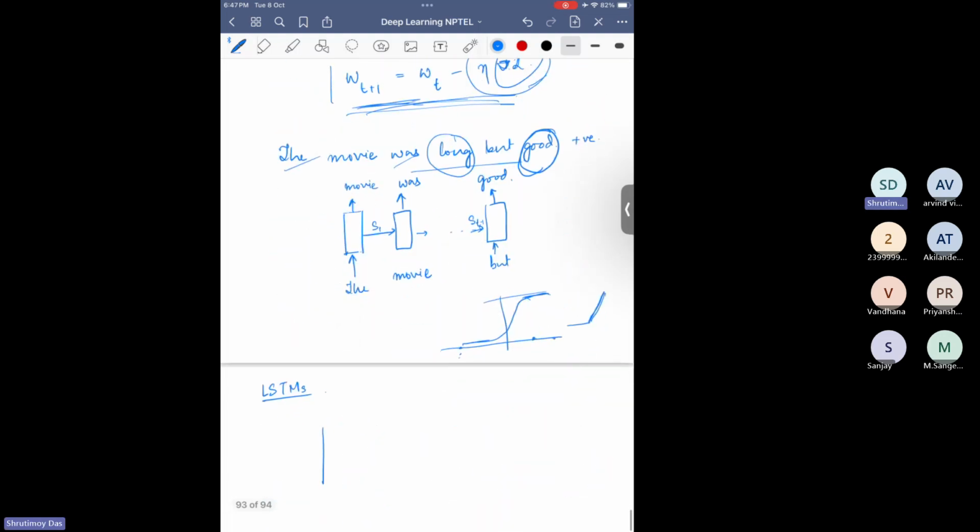If you have some other activation, let's say your activation is something like this, then it can explode. But for ReLU, it cannot explode. This is your ReLU activation. If x is less than 0, your gradient is 0.